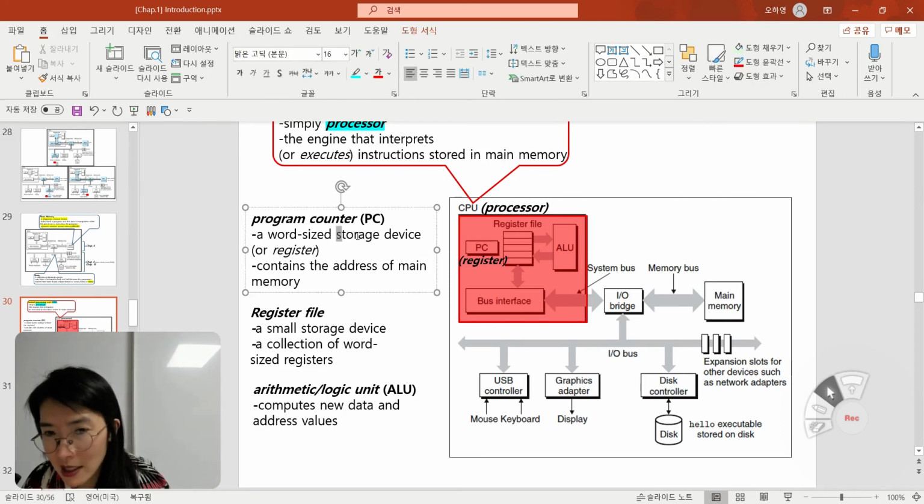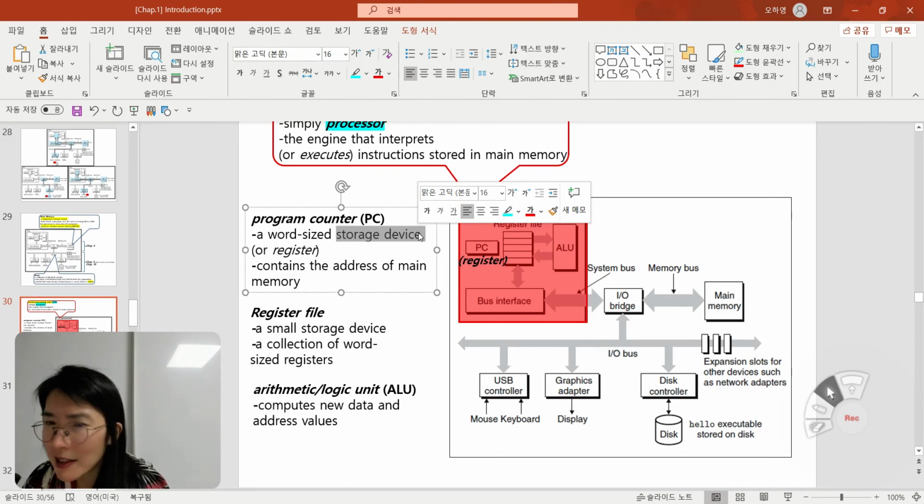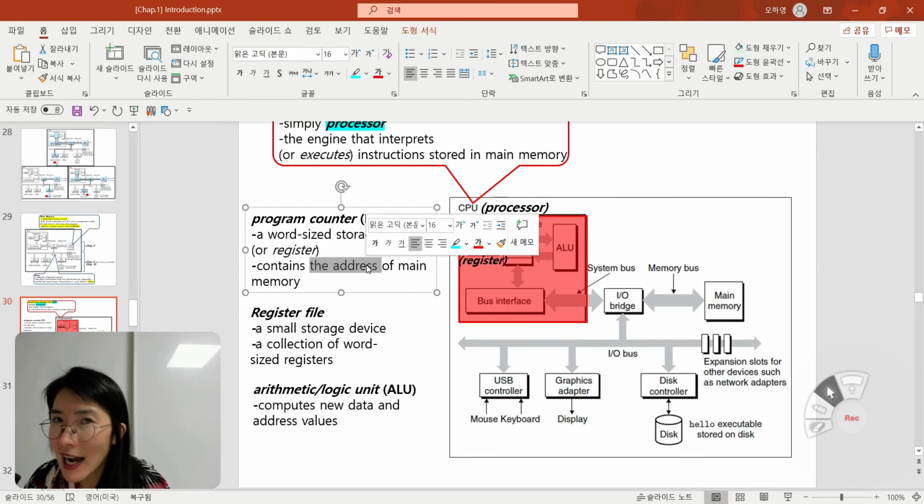It is also a storage device, but it is not big, right? But a word-size storage device. So the PC's other name is register. Okay, and it can contain the address of main memory. It only contains the address of main memory, not data, but the address.